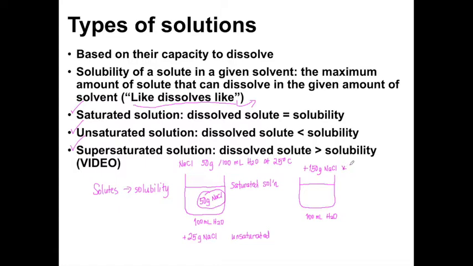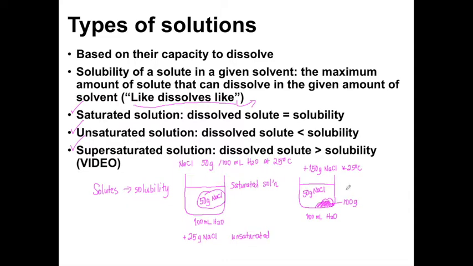Let's say this is at 25 degrees Celsius. 50 grams definitely will dissolve, right? Because it's equal to the solubility. And then we have here 100 grams, the excess, that will remain as solid.